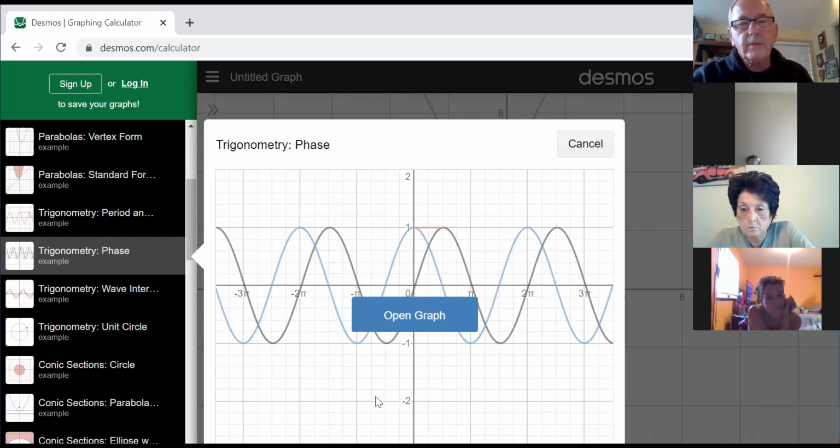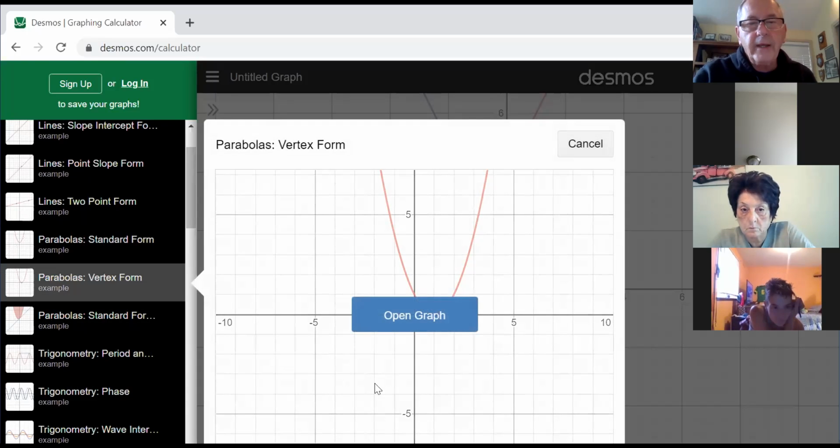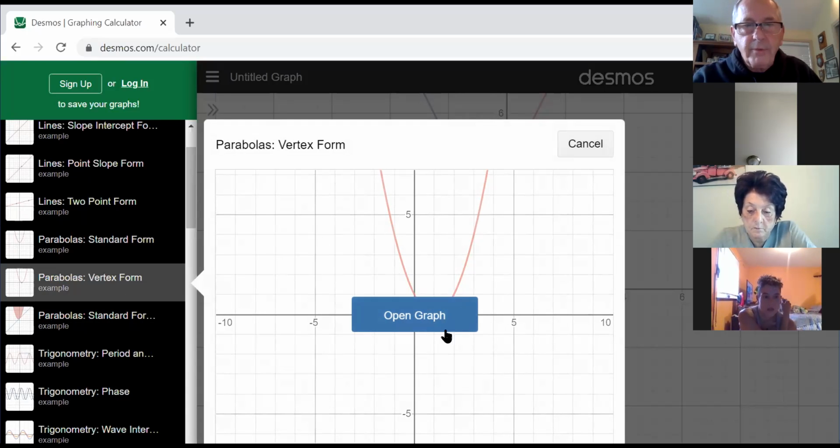You know, trig functions, it helps you understand how you can convert an equation into a graph. This is a parabola, which is the x squared form, right? x squared plus x is equal to something. That's always a parabola.